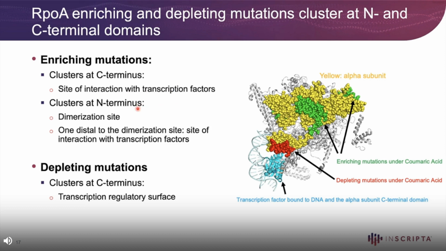The other enriching mutations cluster is at the N-terminal domain, and this is at the dimerization site, and then also at a site distal to the dimerization site, which is at the site of the interaction with transcription factors. The depleting mutations cluster maps onto the C-terminal domain and is at the site of the transcription regulatory surface.